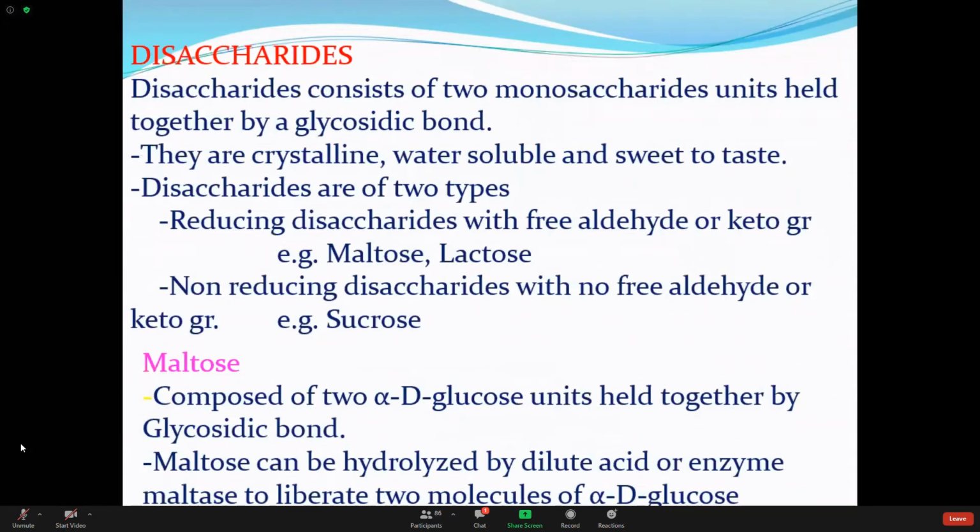Am I clear? Glucose, I told you, is a monosaccharide. When two are joined together, you get a disaccharide, and its name is maltose. It can be hydrolyzed by dilute acid or the enzyme maltase. Obviously, when you break that maltose, you get two molecules of glucose. Very simple.